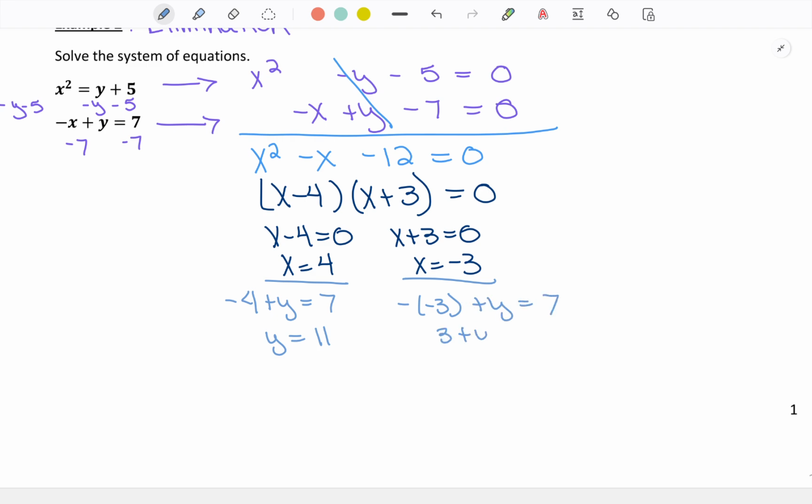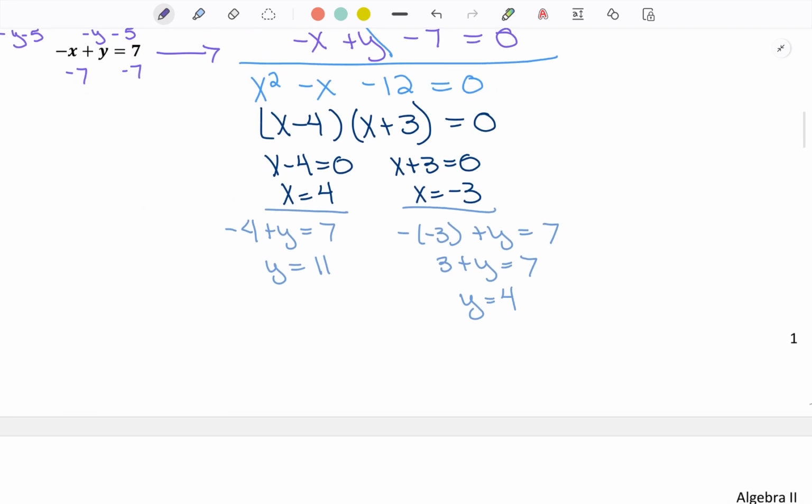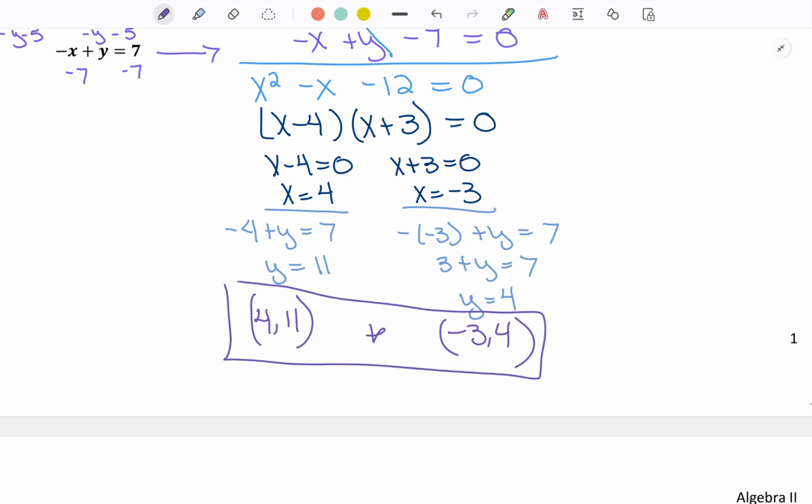So 3 plus y equals 7. We'll subtract 3, so y equals 4. So I'm going to have 4, 11, and then negative 3, 4. So those are both solutions because we probably have another situation where that line is crossing twice.